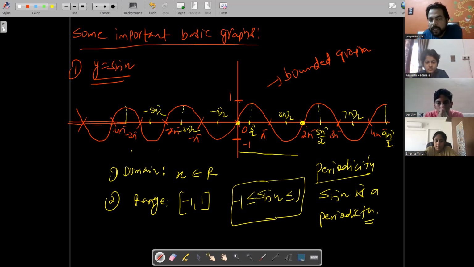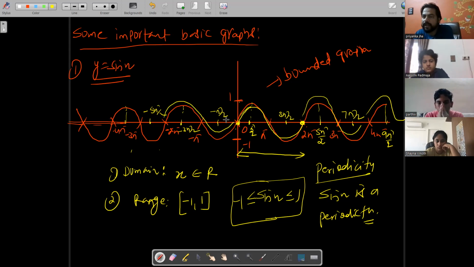So in this interval, this shape appears again from here to here, again from here to here, again from here to here. So after every 2 pi interval, its shape repeats, right?